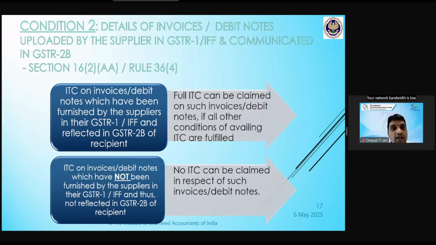Details of invoices or debit notes uploaded by the supplier in GSTR1. Second condition is the supplier should upload the invoices in the GSTR1 or IFF. What is IFF? जो भी क्वार्टरली रिटर्न्स फाइल करते हैं, उनको GSTR1 वो फाइल नहीं करेंगे, लेकिन मंथली they will file an invoice filing facility which is called as IFF.